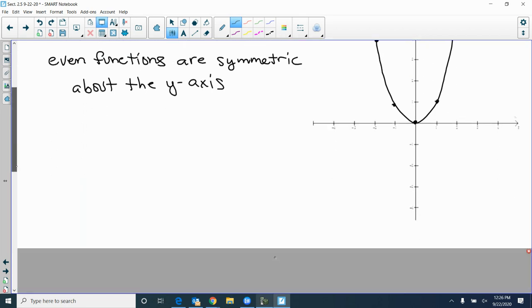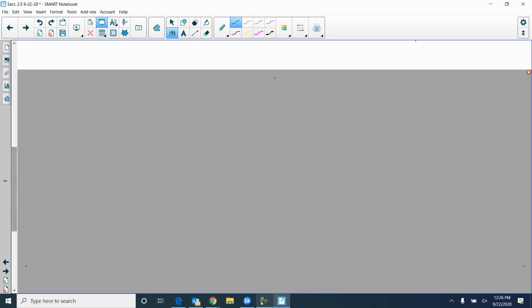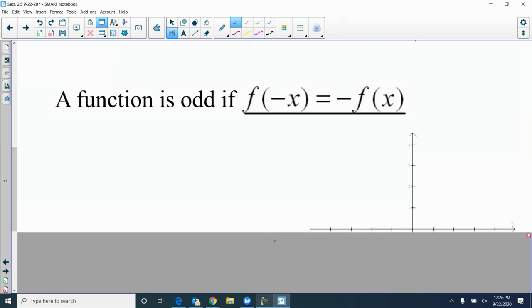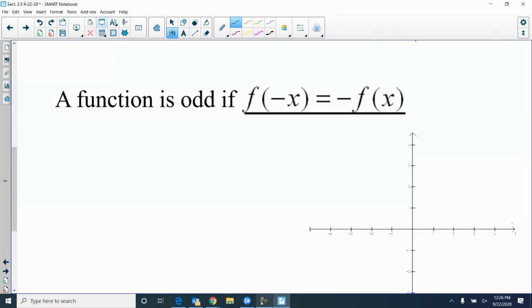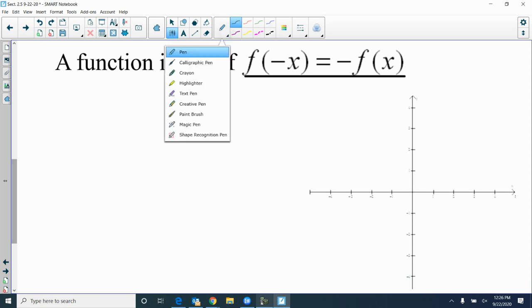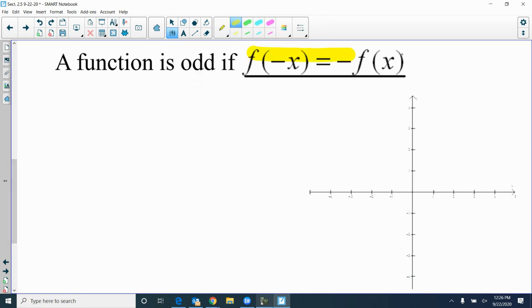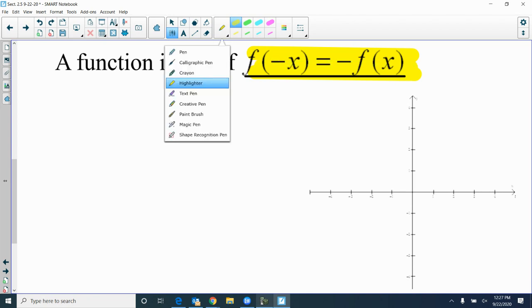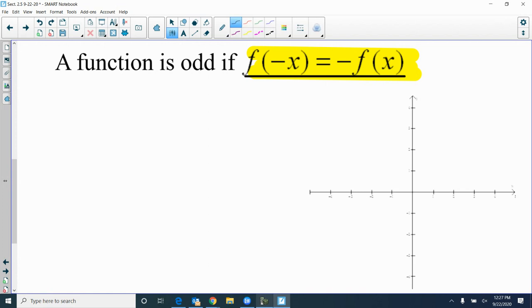An odd function. Okay, odd function. Now you got your definition up there, but if x is in the domain of the function and -x is in the domain of the function, it's an odd function if f of -x equals the opposite of f of x.